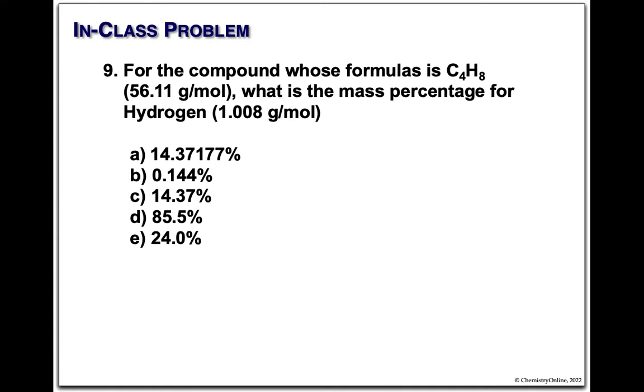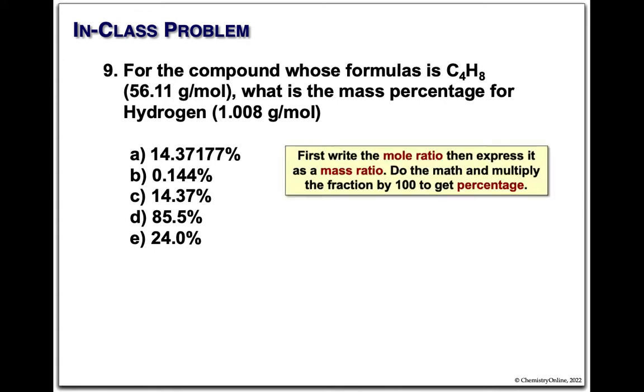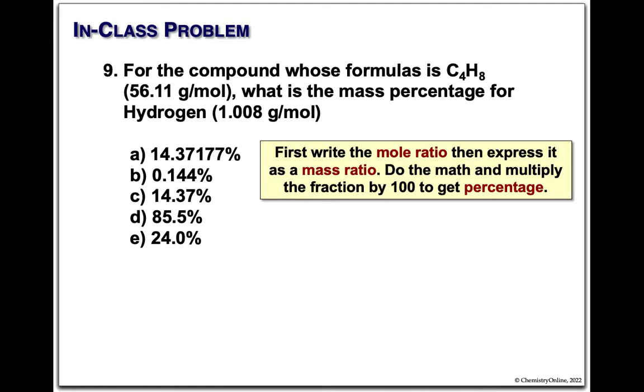All right, percent composition. We have a compound, C4H8. What's the mass percent of hydrogen? Now we remember how we do this. We start off with a mole ratio. There are 8 moles of hydrogen for every mole of C4H8. Every hydrogen weighs 1.008.